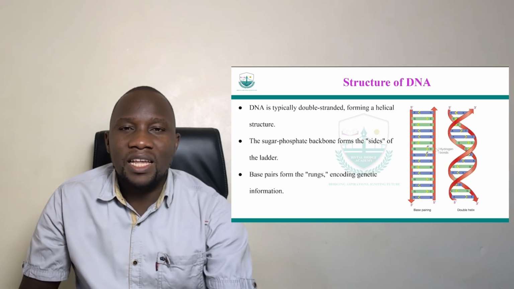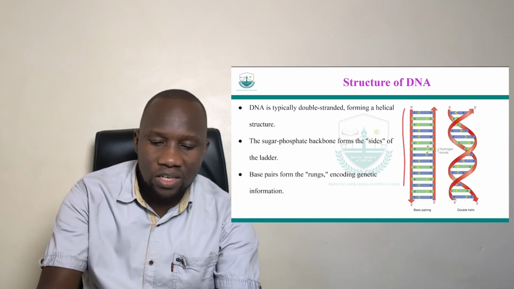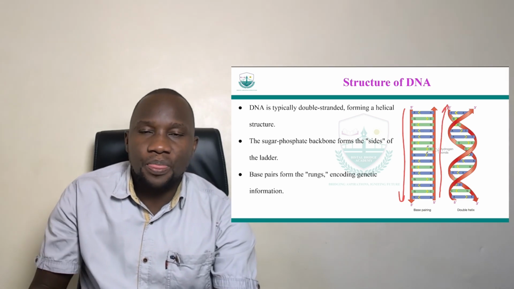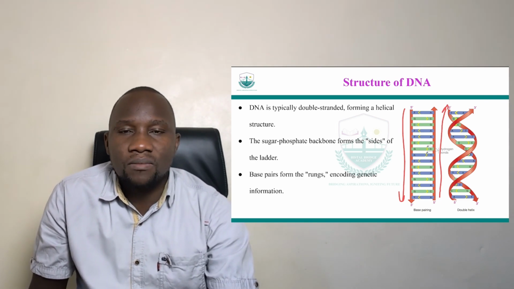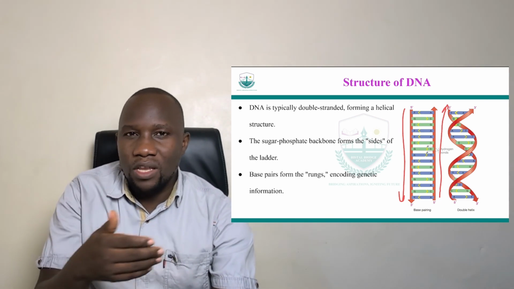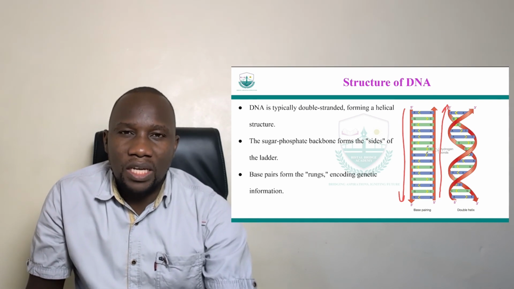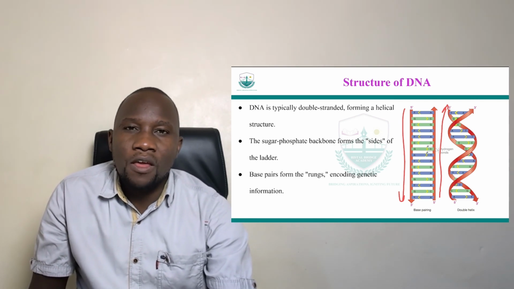So the ladder-like structure that we have talked about is this. You have one strand and then another strand. They run in opposite directions. And in between them you have bonds, and these bonds are between the nitrogenous bases. These are actually hydrogen bonds.